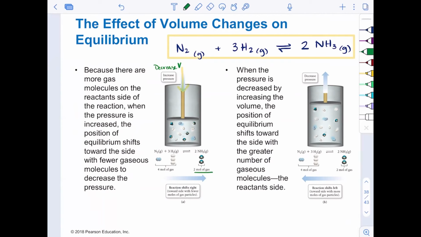There are only 2 gas particles versus 3 + 1, 4 gas particles on the reactant side. So if we decrease the volume or increase the overall pressure of this system, the reaction is going to shift to the product, to the right. Opposite, if we increase the volume or decrease the pressure, the reaction is going to proceed to the side with more gas particles, which happens to be the reactant side in this equation.